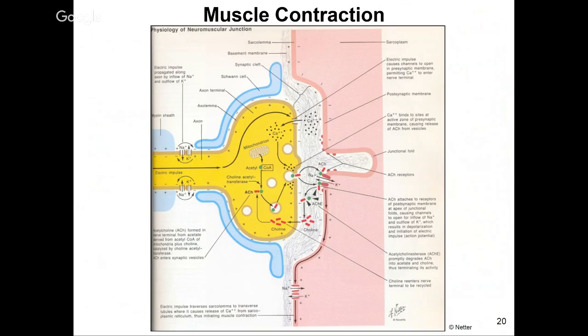Once the signal reaches there, the end of the neuron releases the acetylcholine. It's the ACh with the little red minus sign and the green circle. That gets released, and it binds onto the muscle to tell it to contract.